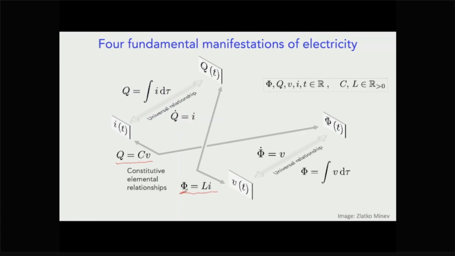And I'll emphasize again that all of these variables are real numbers between minus infinity and plus infinity, and I'll assume that both capacitors and inductors are only strictly positive.